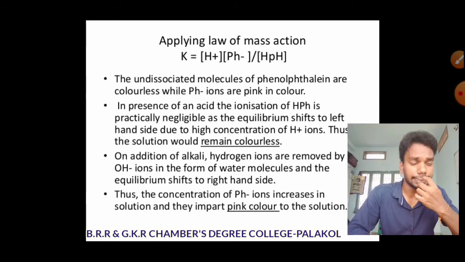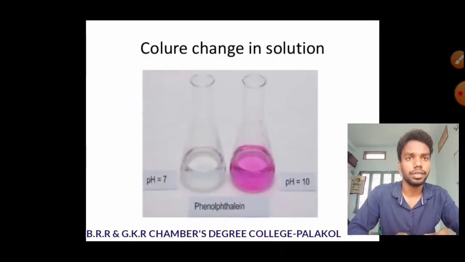If you take another example, see the color change in solution. If you see the first flask, it is colorless, and the second one is pink. In the first flask you are taking HCl solution and adding 1 drop of phenolphthalein indicator.